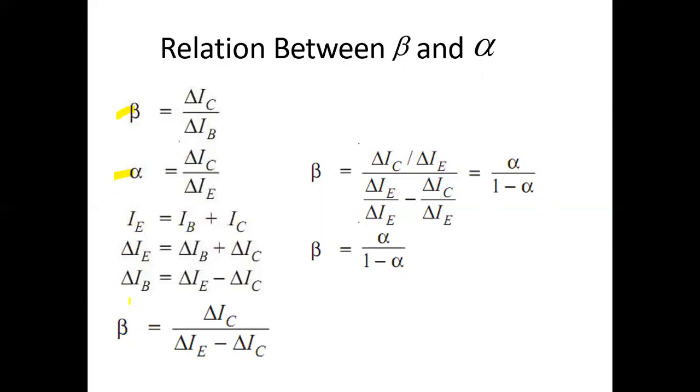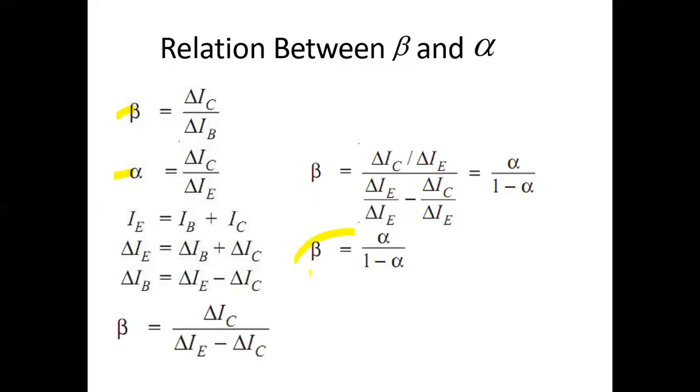From this equation we know del IB is equal to del IE minus del IC, and by putting this value in the equation for beta, that is del IC divided by del IB, and finally dividing all these terms by del IE, we have the equation that beta is equal to alpha by 1 minus alpha.